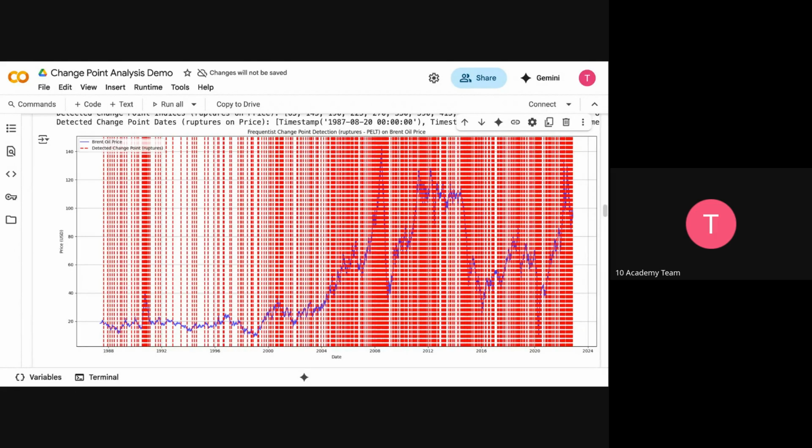Penalty is one of the parameters that you will pass, in order to tell the model how many change points you need. And there is the same parameter in Bayesian or PyMC, where you can manipulate it to give you multiple change points.